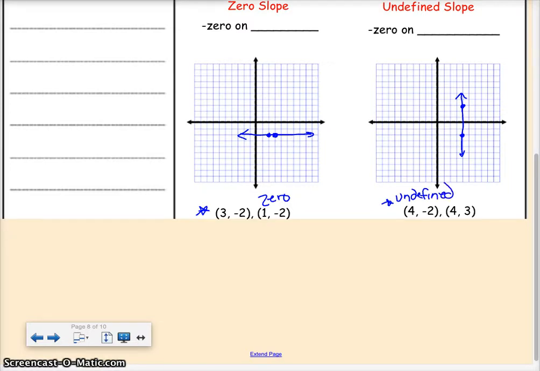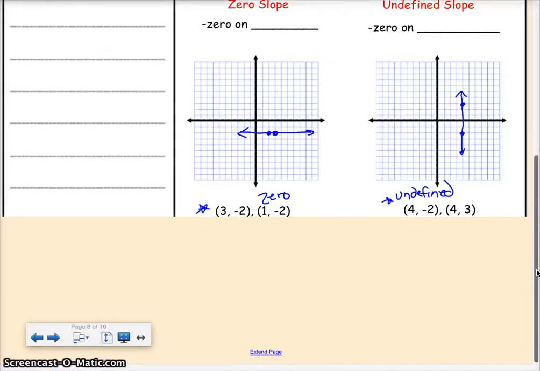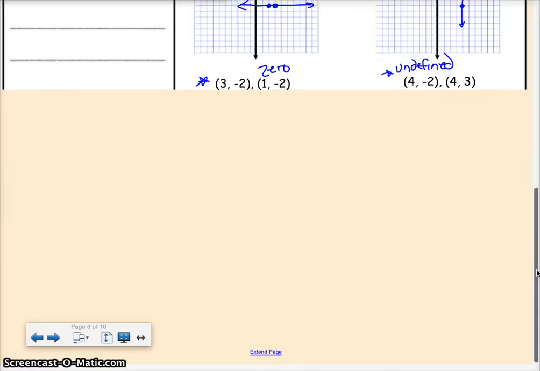Now, what if you don't want to graph? What if you want to use a formula? Because it is faster. Well, let's figure out how to tell. So we do y minus y, second y, take away the first, so negative 2 minus a negative 2, all over second x, take away the first x, which is negative 2 plus 2, so 0 over negative 2.